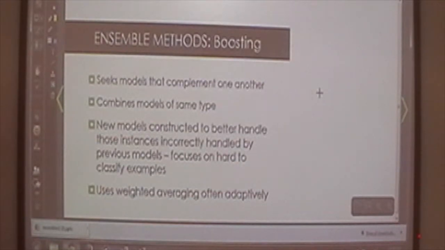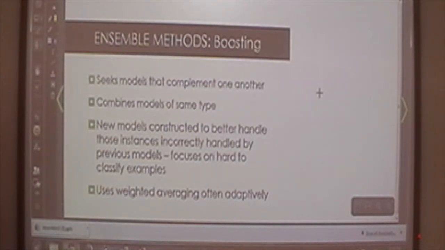Basically, by weighting your models that perform better on certain instances, you're going to weight those more for those instances than you will the weaker models.